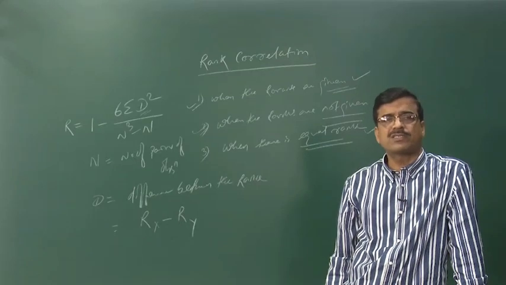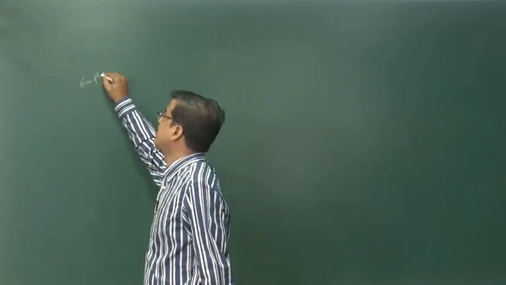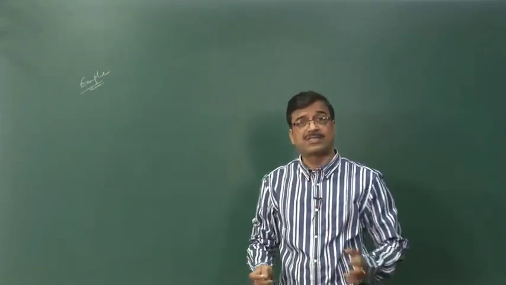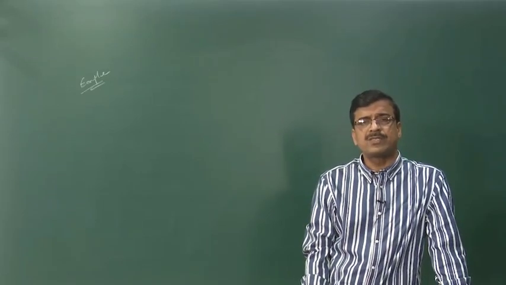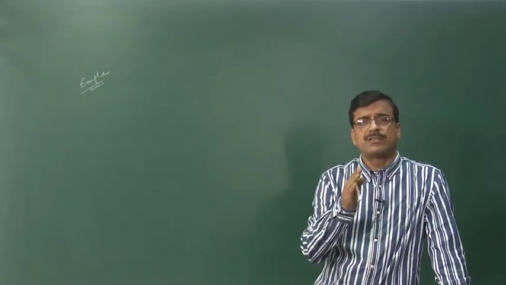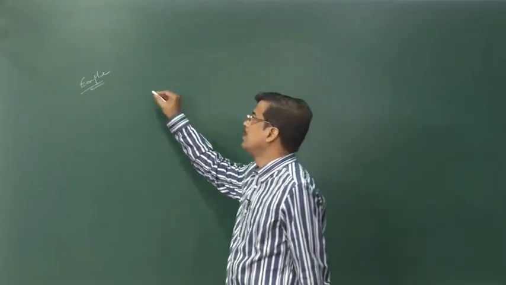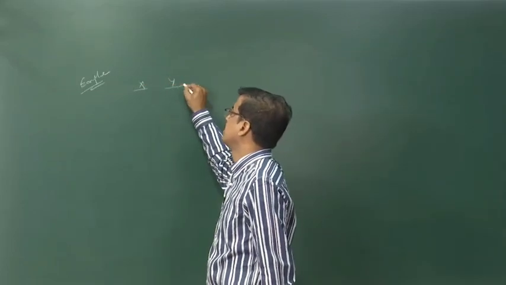How is it so? Let us start with one numerical example when the ranks are given. Suppose there are two variables, x and y.